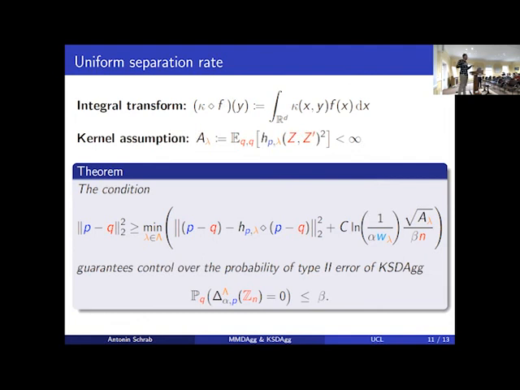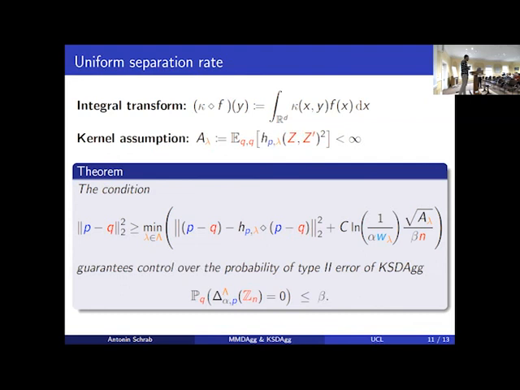Okay, sure, you can use the test with any kernel, but my question is more: is it better to use translation invariant ones? I don't know. I need to think about it.